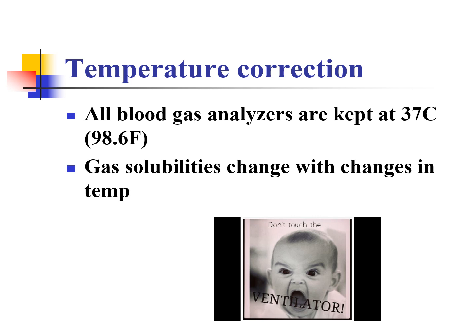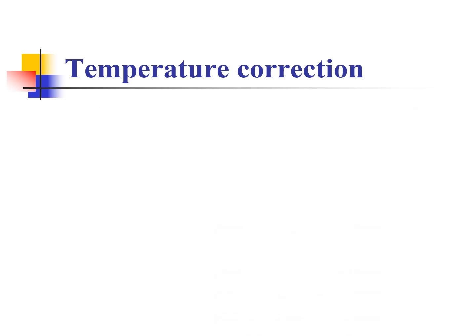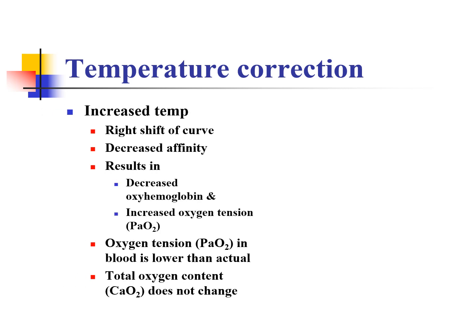Remember that we talked about Dalton's law and Fick's law, which says pretty much everything will affect diffusion. And so that's going to affect gas solubilities with temperature. With temperature correction, we have to know what temperature the patient's at. If the patient's temp is high, that means they're right shifted. There's less affinity for oxygen to attach itself to the hemoglobin molecule.